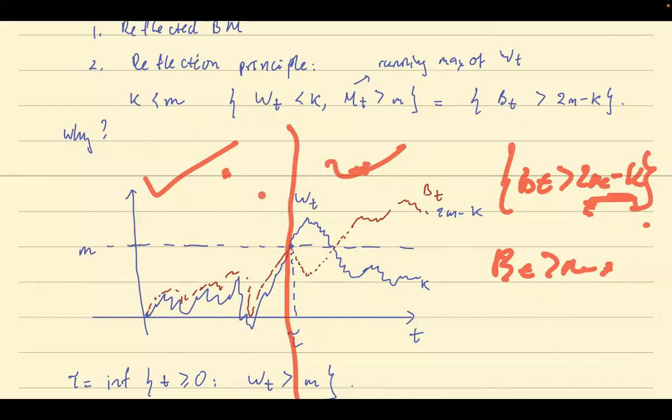Because if it were to the left, then what must happen? It's always less than M. Correct. And why is it always less than M? Because in the graph, BT is always equal to WT, and WT is always less than M. There you go. Exactly.